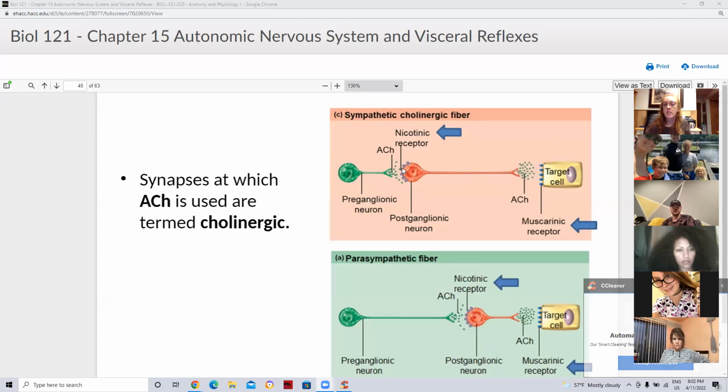We have 2 different types of cholinergic receptors. We have nicotinic receptors, and we have muscarinic receptors.